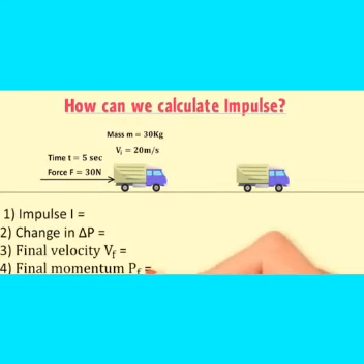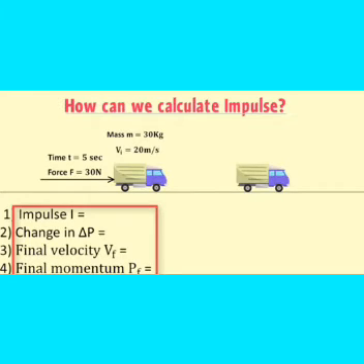If I ask you to find the impulse I on the object, the change in momentum of the object, the final velocity Vf of the object, and also the final momentum Pf of the object, will you calculate all these variables? I hope so. Let me calculate it for you.